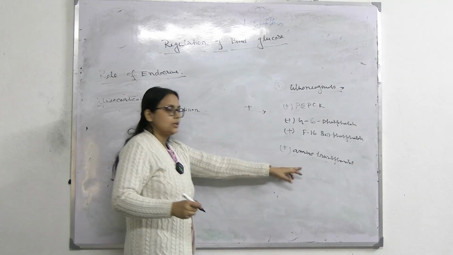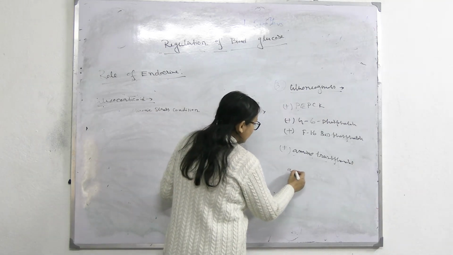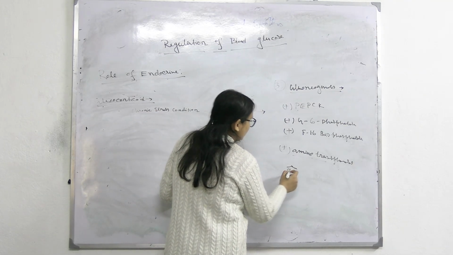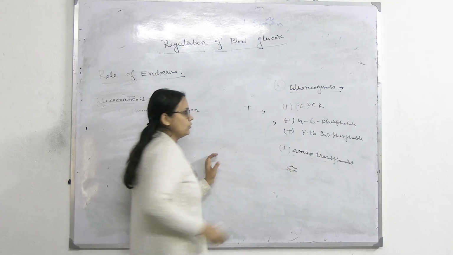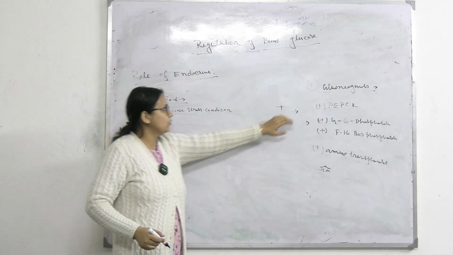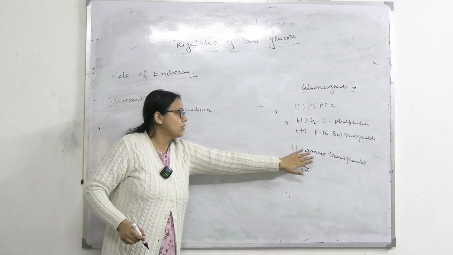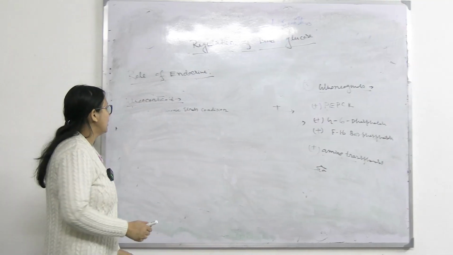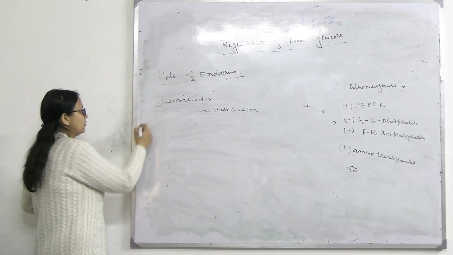Aminotransferases, what do they do? They release amino acids from muscle so that they can take part in gluconeogenesis. So along with activation of these three enzymes, it also activates aminotransferases. Okay, so this is the role of glucocorticoid.